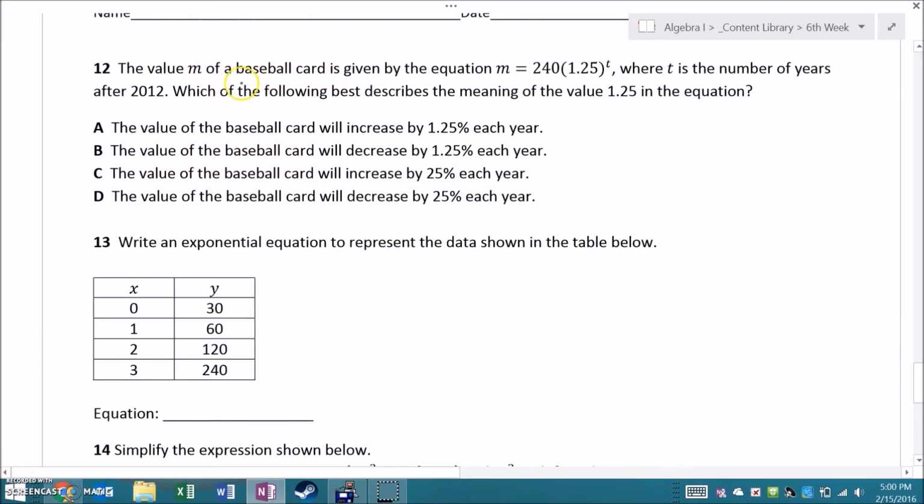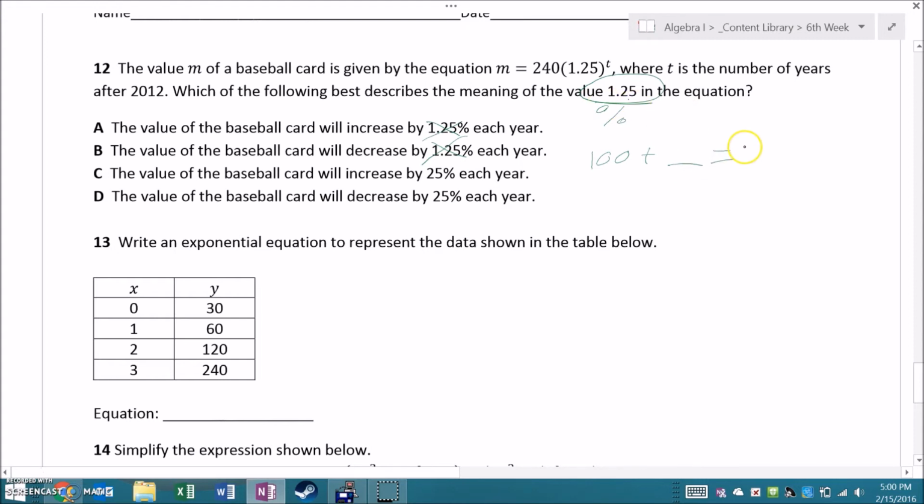All right, number 12, you can read through that yourself. Here's the question: which of the following best describes the meaning of the value 1.25? This has to deal with our percent. Now, it does not directly go to the percent, but it's what you have after you add your percent on.